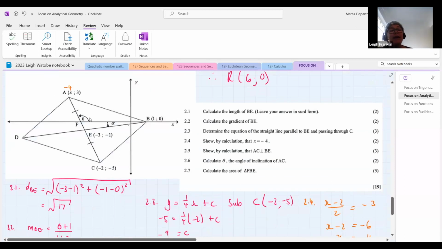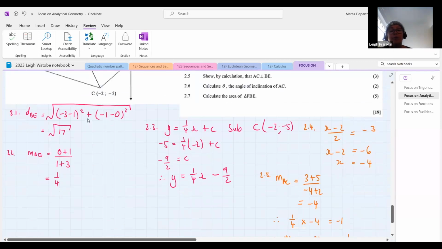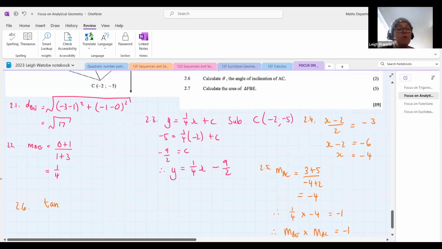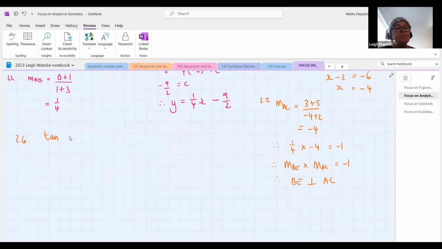Nearly there, angle of inclination. Again, can you see theta has to be an acute angle? We've got the gradient of AC. We know that it's -4. So in question 2.6, we've got tan theta equals -4. Sorry, I'm rushing a bit here, but I just wanted to spend a couple of minutes talking about that last question, 2.6.